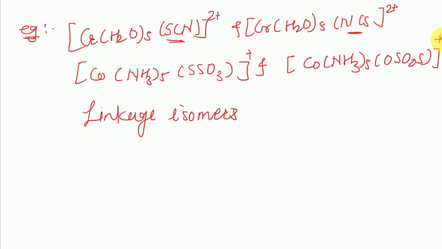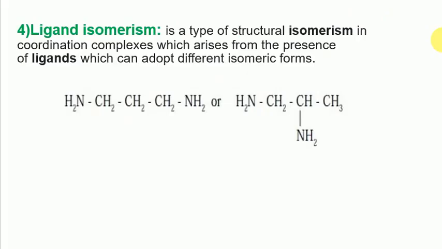Now see, the next type of structural isomerism is ligand isomerism. Ligand isomerism is a type of structural isomerism in coordination complexes which arises from the presence of ligands which can adopt different isomeric forms.